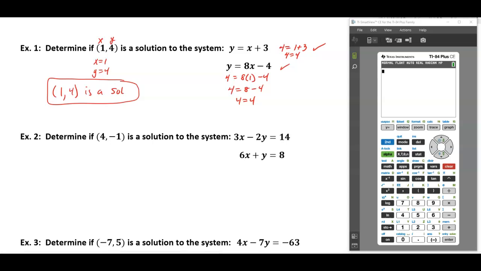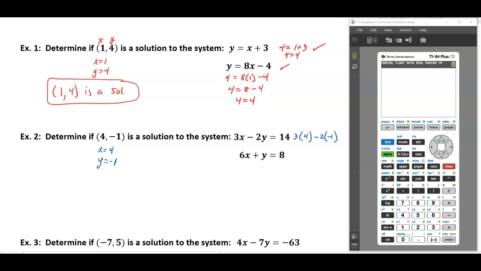When we look at the next one, now our ordered pair is 4, negative 1. So we know x is 4, y is negative 1. So we're basically going to substitute this in. 3 times x, which is 4, minus 2 times negative 1.